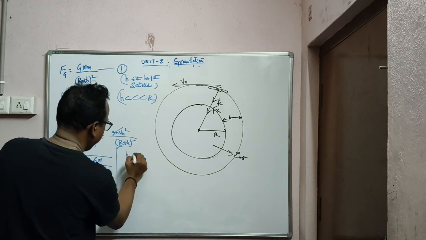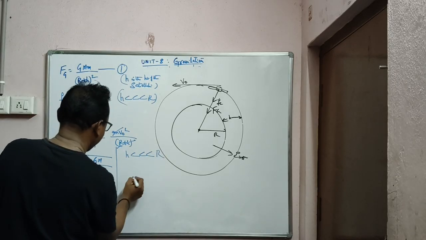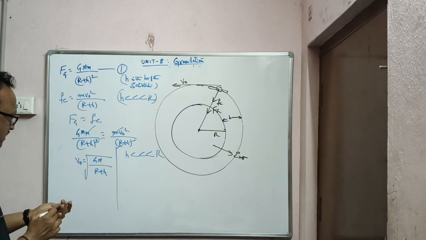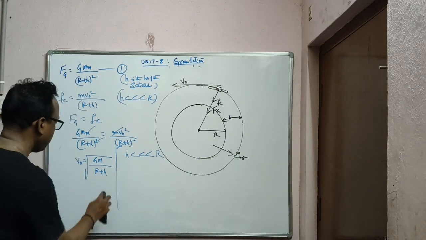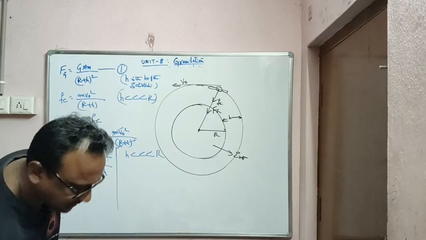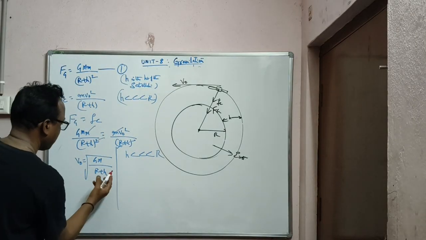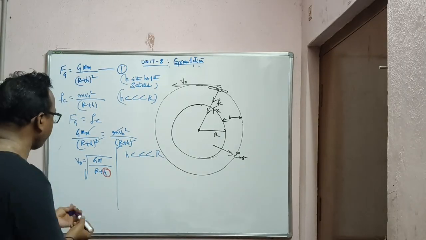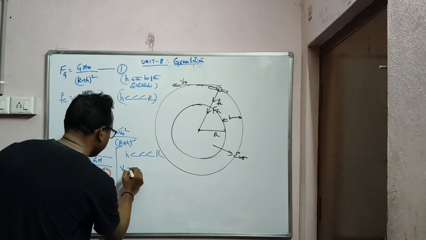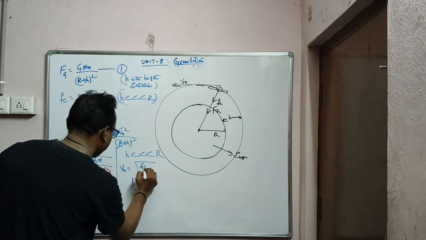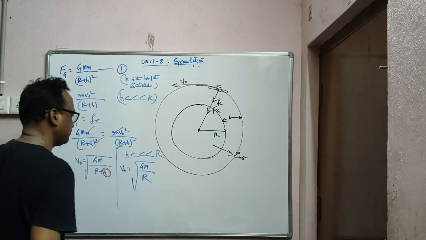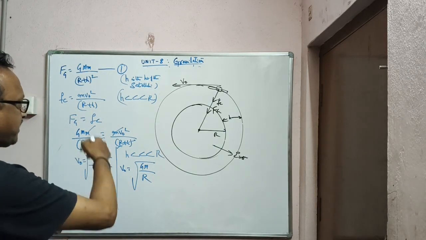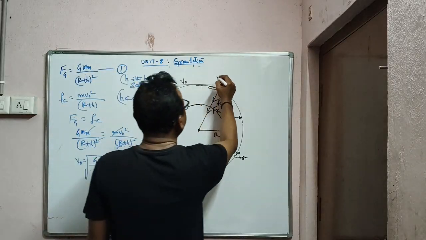Now here if you apply the condition, if H is very much less than R, you can remove the height. Then what will the horizontal velocity be? V0 is equal to root over GM by R. Now when it is rotating, what is the distance travelled?